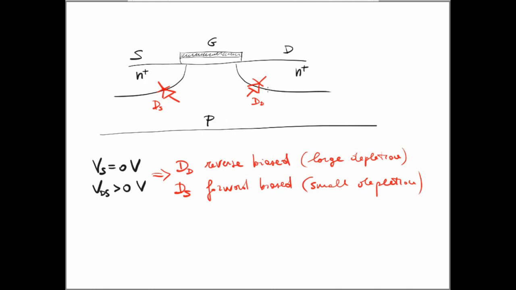The p-n junction between the body and the drain, and the p-n junction between the source and the body. So we can call the first one DD, the drain diode, and then the other one DS, the source diode.